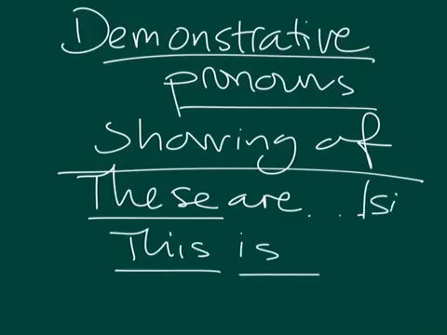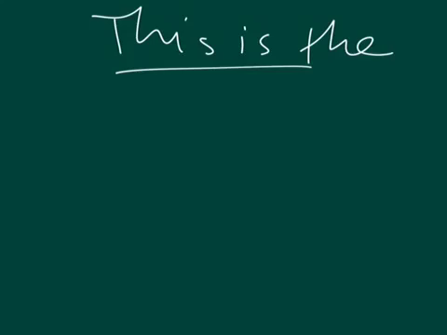Here you have singular. No, here you have plural. And here you have singular. That's the difference. And of course, you can use it in other examples as well. Like, this is the house.